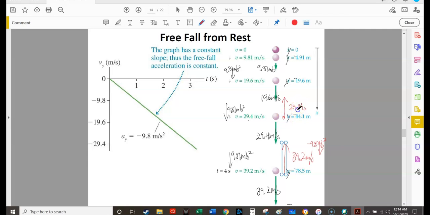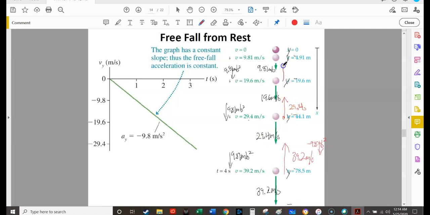So let's say you're standing down below here at 78.5 meters, and you shot the ball up with an initial velocity of 39.2 meters per second. Well, it's right here. The next point, it would actually be right here and be traveling at the same speed, just directed upwards.